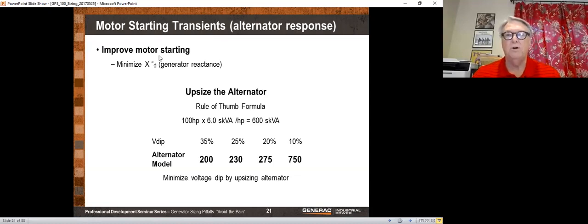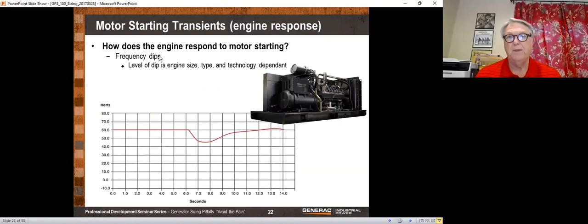So moral of the story is, at large voltage drops, you can get voltage drop improvement quickly and cheaply by oversizing the alternator. If you want to get up to very, very low voltage drops, then it gets a little bit ridiculous, and you have to consider some other things like a solid state starter. So if somebody says, I want a 5% voltage drop, you can see that that just isn't going to happen if you're starting one motor. Now, typically generators are used to start lots of loads, and of course that helps you tremendously.